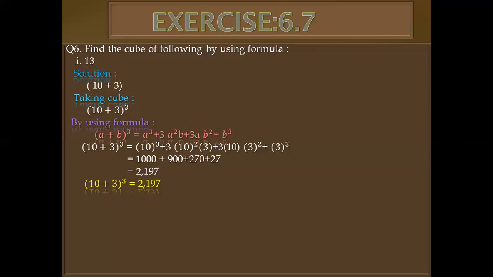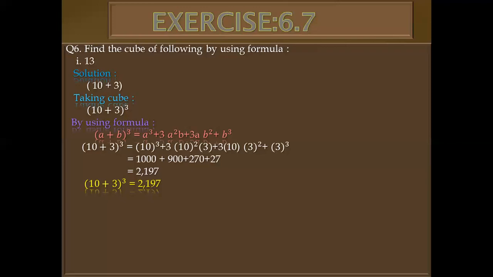13. We split 13 as 10 plus 3. Take the cube, (10 plus 3) whole cube. Now according to the question, a is 10 and b is 3.